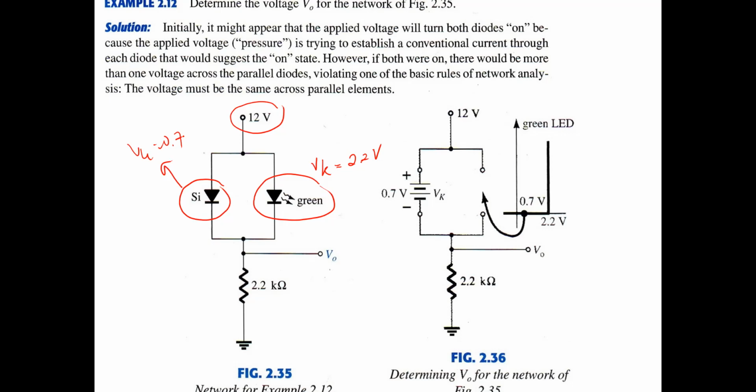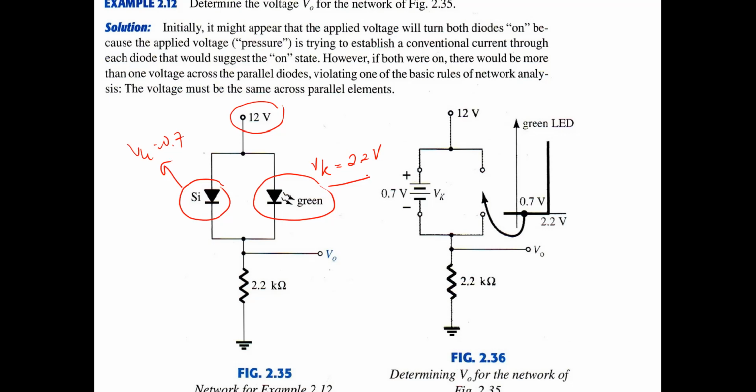The voltage of the silicon will be stable at 0.7 because the Vk of the silicon is lower than the Vk of the green LED. So the silicon will be on at 0.7, but the green LED is off.